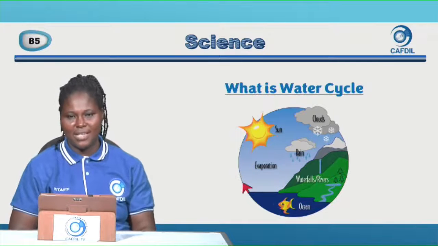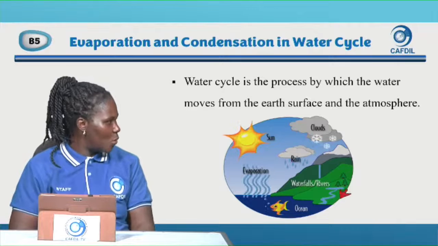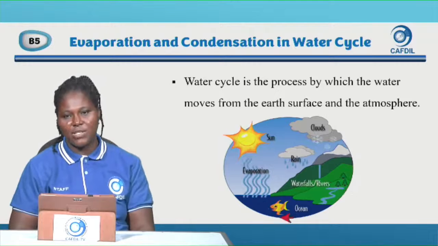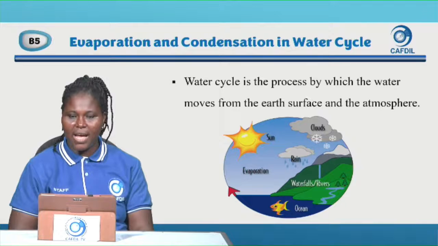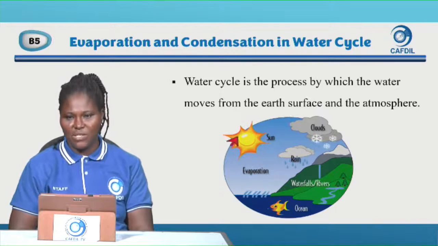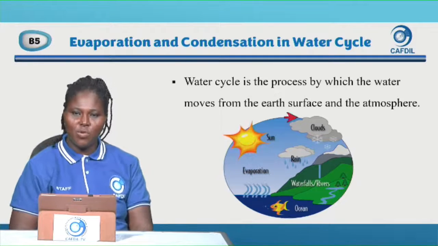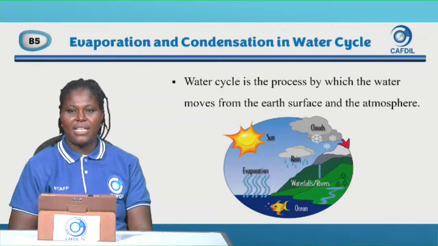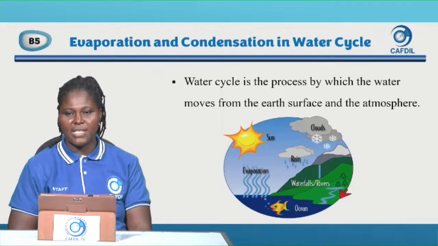Water cycle is the process by which water moves from the earth's surface into the atmosphere.